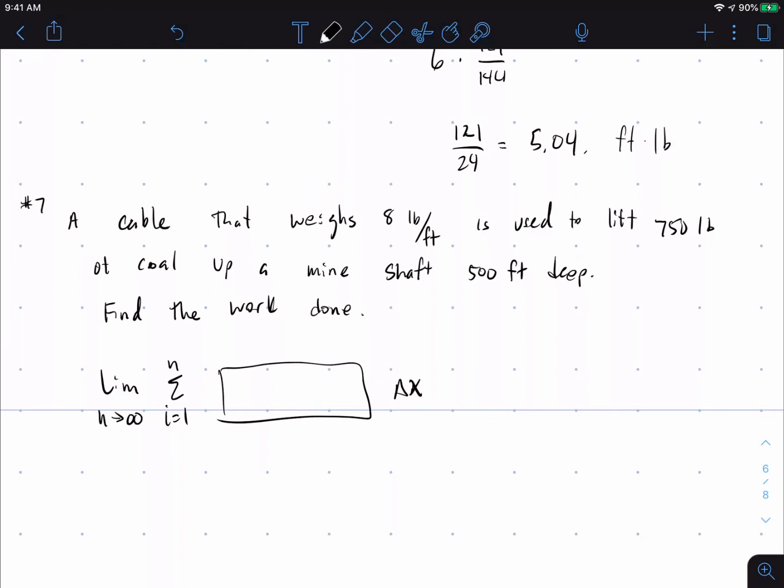Here's how you can think of it: we have the cable, which is changing, because that's a depth. But what's at the bottom of it? Isn't there something that weighs 750 pounds? It's going to be plus, because this is 750, and then every foot that you pull this up is 8x. So this should be 8x_i plus 750. Does that make sense?